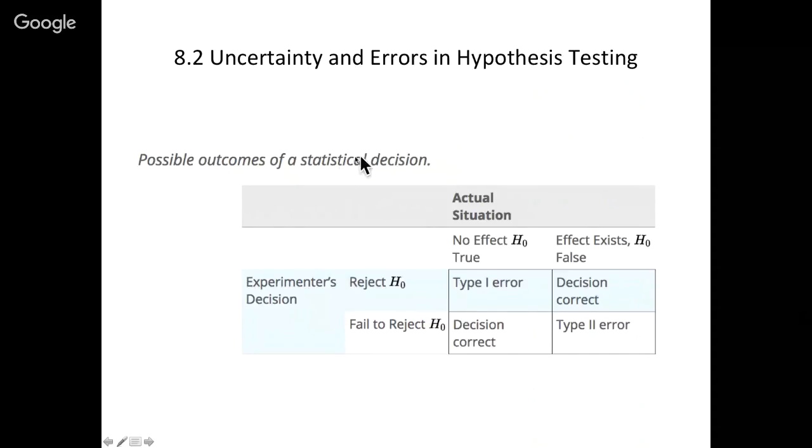And for a statistical decision, there are 4 possible outcomes. The first one: if we have no treatment effect, meaning the null hypothesis is true, but our decision is to reject the null, meaning we say there is an effect.